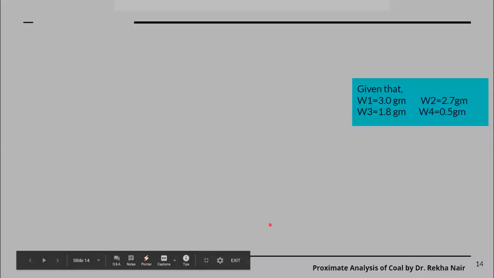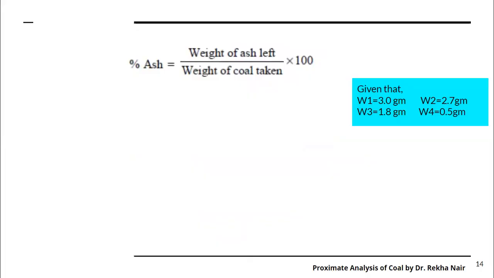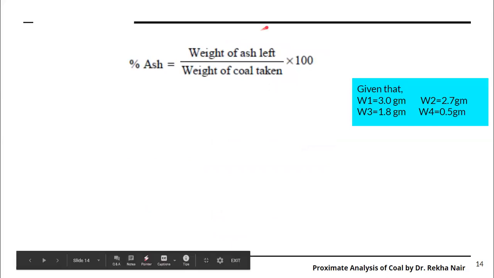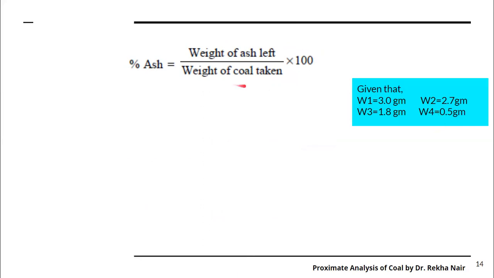Next, percentage ash is equal to weight of ash left upon weight of coal taken. We know that the weight of ash left is W4, that is 0.5 gram, and the weight of coal taken is 3 gram initially, multiplied by 100. This will come out to be 0.5 upon 3 into 100, which is equal to 16.6%.